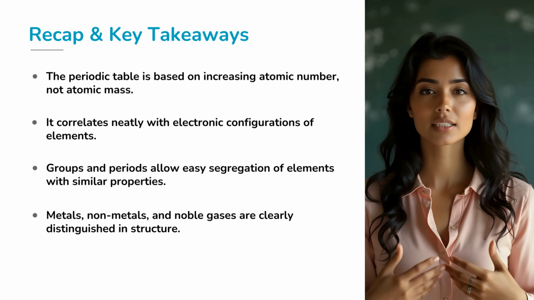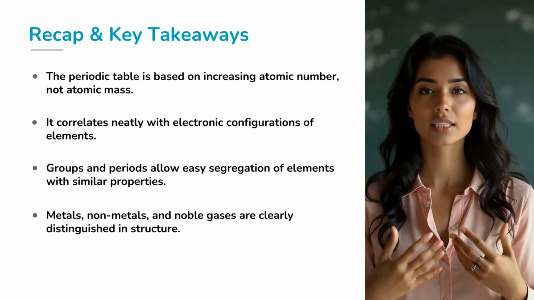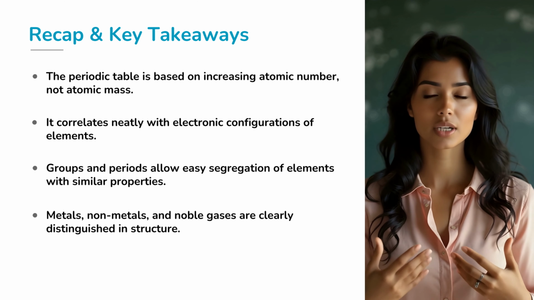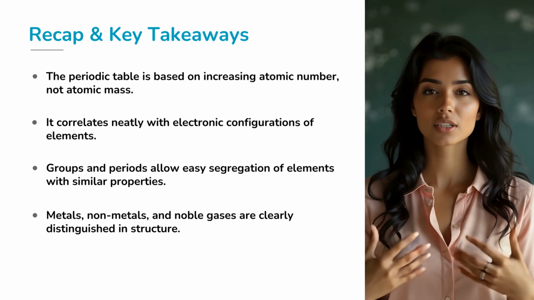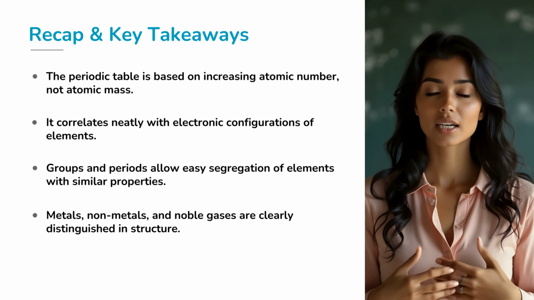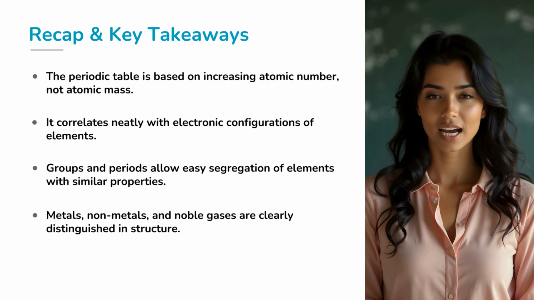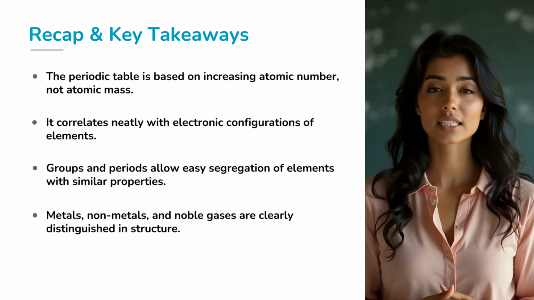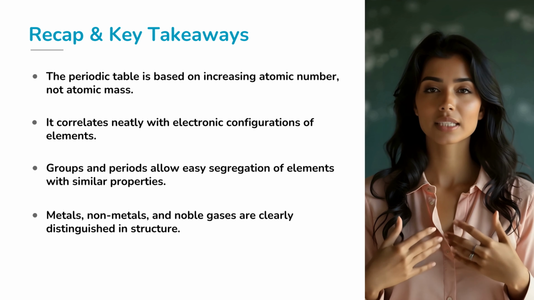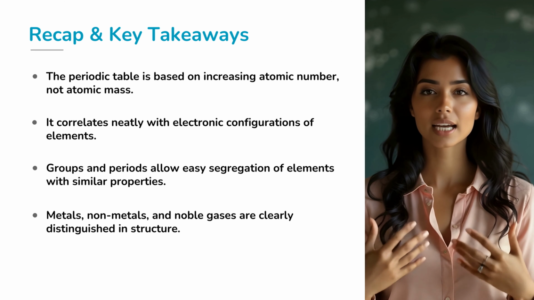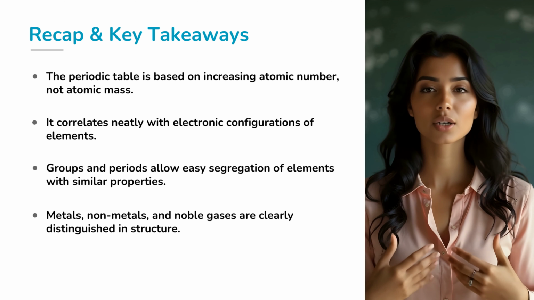Metals, nonmetals, and noble gases all find their rightful places, and periodic trends help us predict behaviors of elements we've never even touched. Yes, hydrogen still puzzles us, and lanthanides and actinides sit apart, but overall, this table is like a magical key that unlocks the secrets of matter.